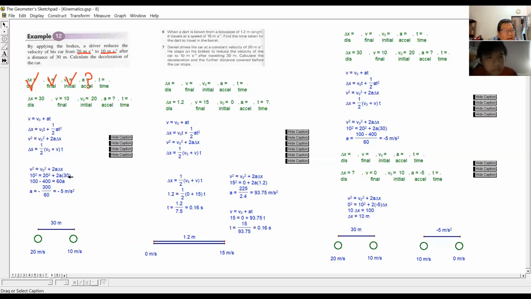Then 2 times 30 is 60a. So you take negative 300 divided by 60, because 100 minus 400 is negative 300. This gives negative 5. So the negative sign tells us that it is deceleration.